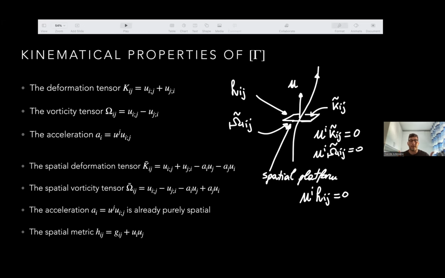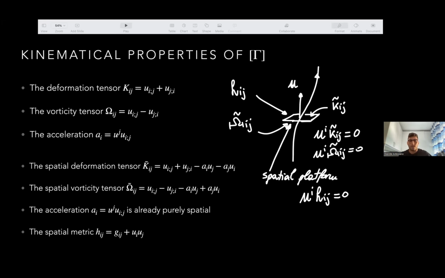Then you have the vorticity tensor, that studies the vorticity of the fluid, and the acceleration. We can project these tensors along the flow of the congruence and in the orthogonal space of the constituents. This is, of course, well known also from the work of Professor Cattaneo.